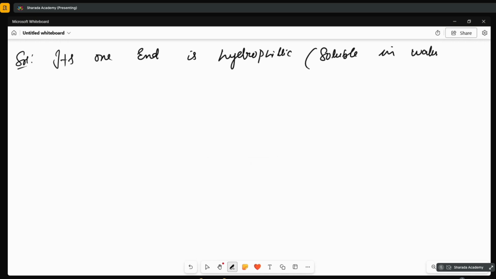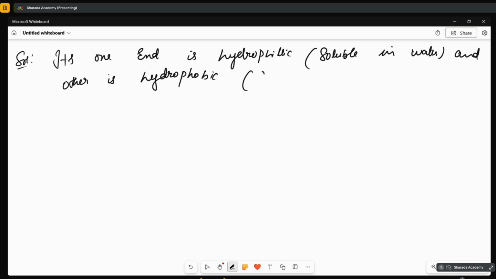Write down. Soap has one end hydrophilic, that is soluble in water, and the other end is hydrophobic in nature.